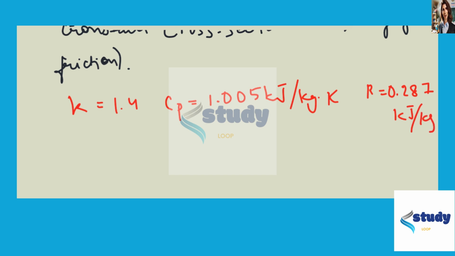Now when we are doing the analysis of this question, we see that sonic conditions exist at the exit. So the exit temperature, we have to find that out. How will we find out the exit temperature?